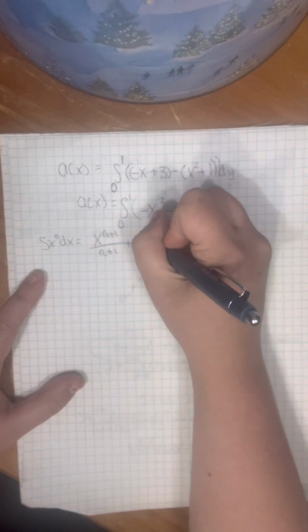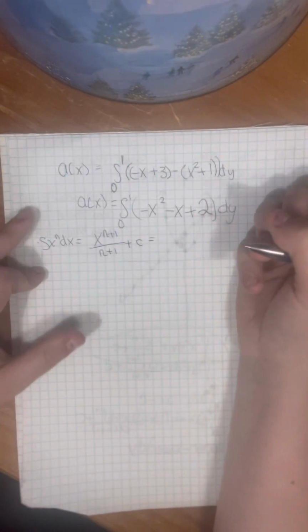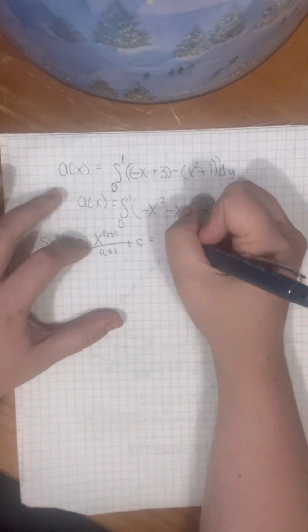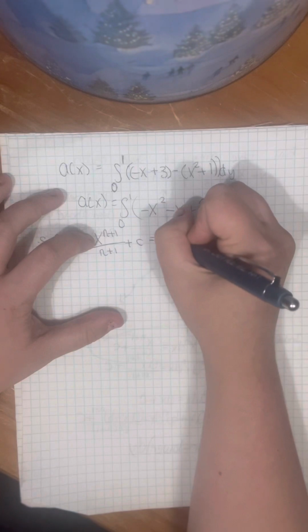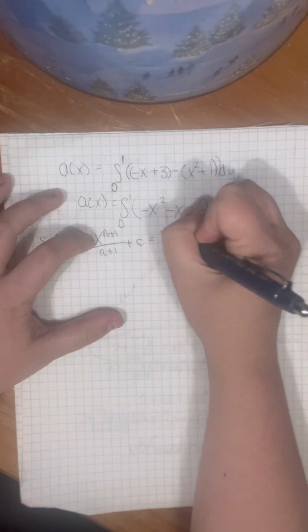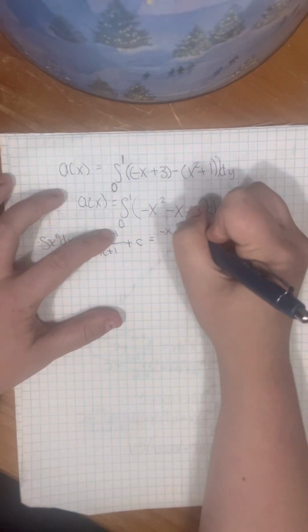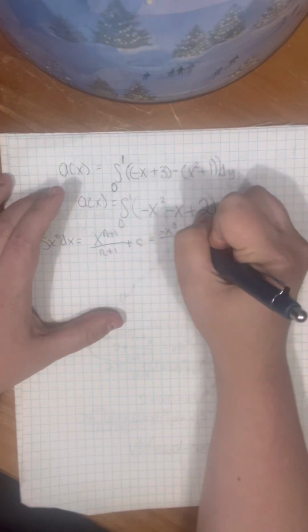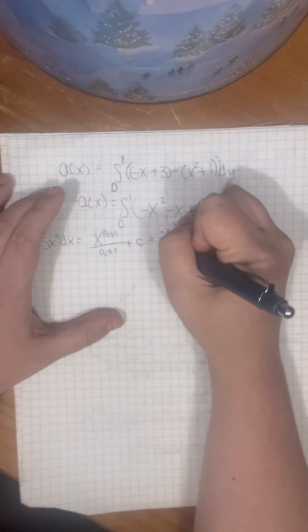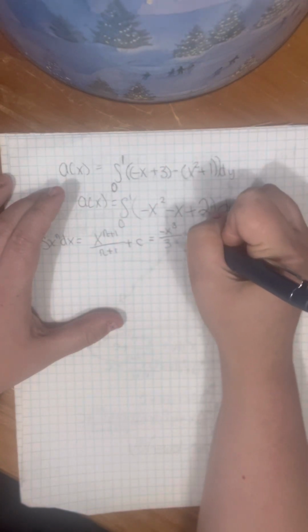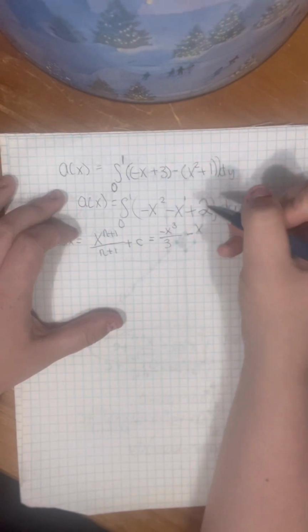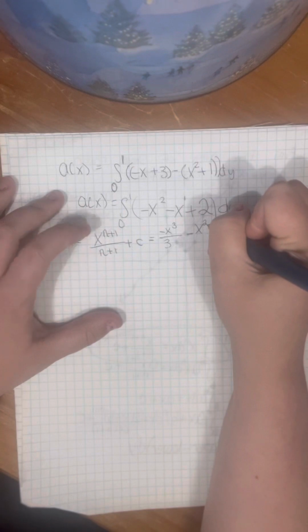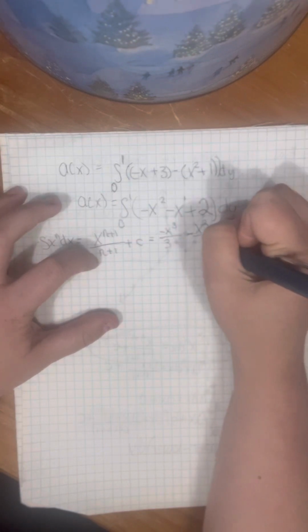So, that being said, we would have our negative x, and we would add 1 to the 2, so that would make it 3, and divide by the 2 plus 1, or 3. We have a minus x, which would technically be to the 1, so we'd add another 1 for a 2, so 1 plus 1 would be over 2.